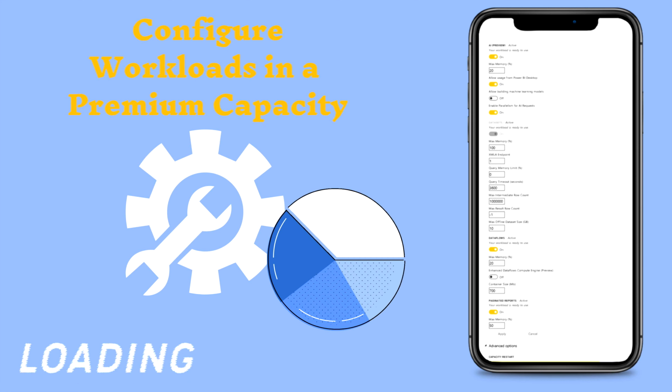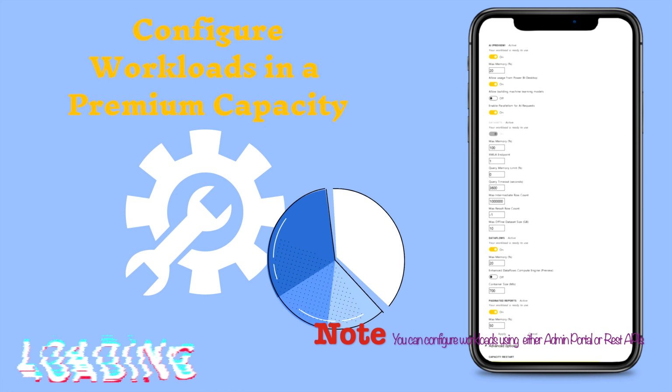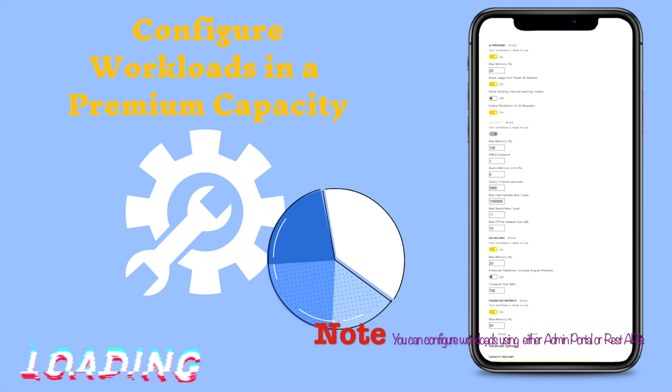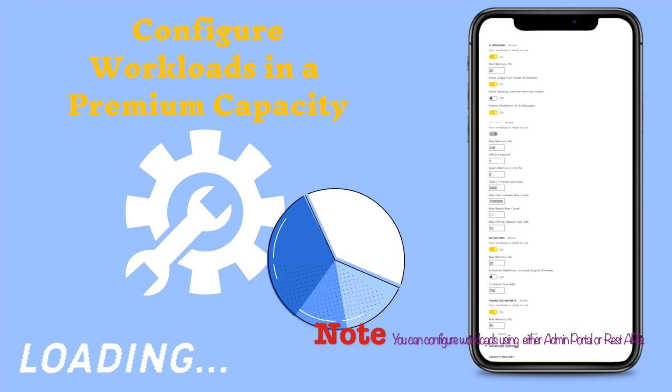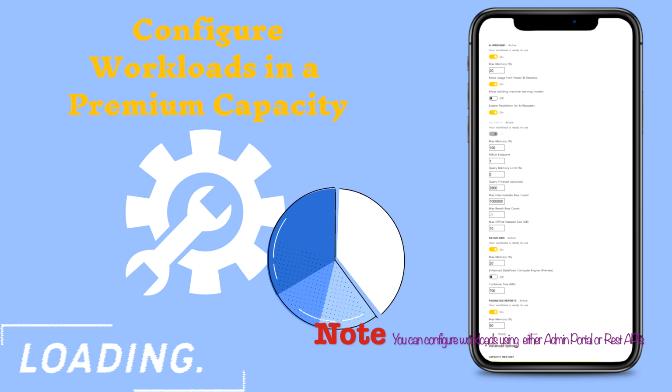But you should have a very clear idea of what you are trying to do over there. You can do it either way: you can use the capacities REST APIs if you want to perform anything using the command line, or you can directly go to the admin portal and there you will find your capacity settings, and you can manage them.